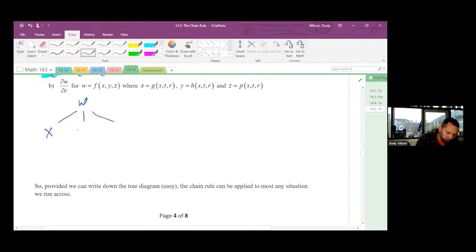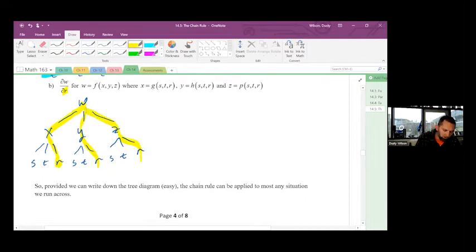It's a function of x, y, and z, which are in turn functions of s, t, and r. And what we care about are the branches that end in r, which are these highlighted yellow ones.